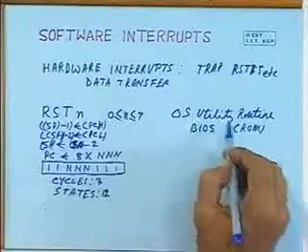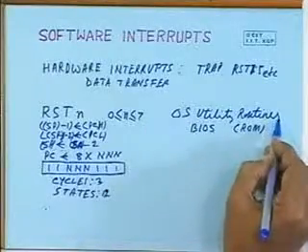You may be asking, instead of using subroutine calls, why are we using software interrupts? What advantage do they have? We could have implemented all the operating system utility routines with the help of subroutine calls. Instead of that, why are software interrupts normally preferred?